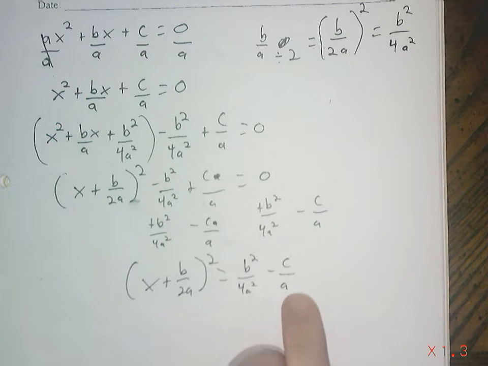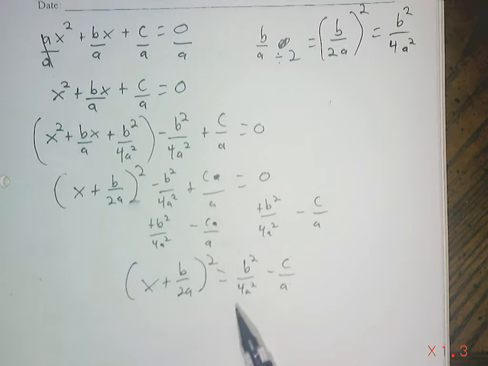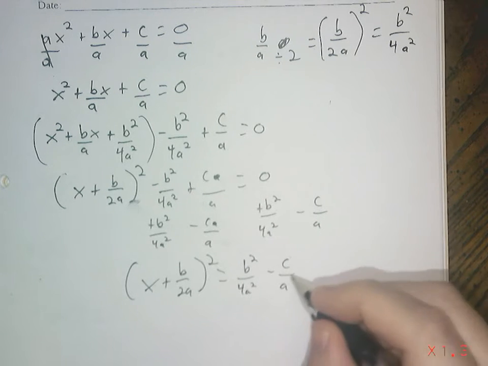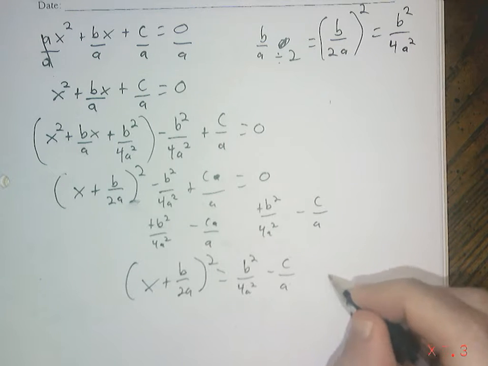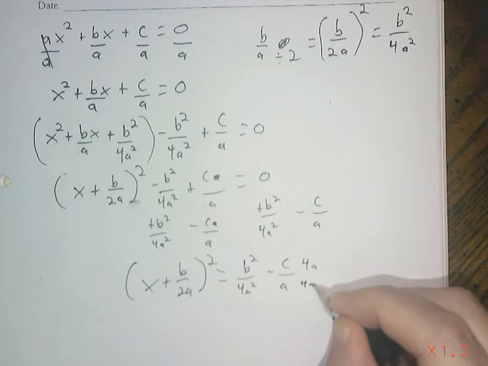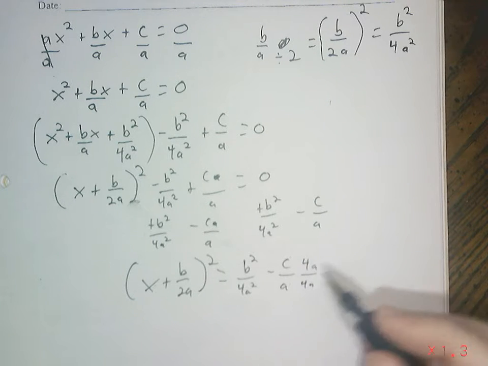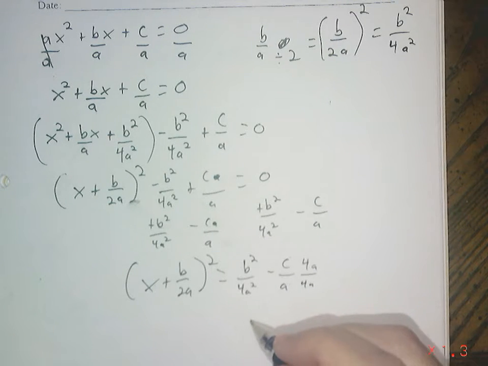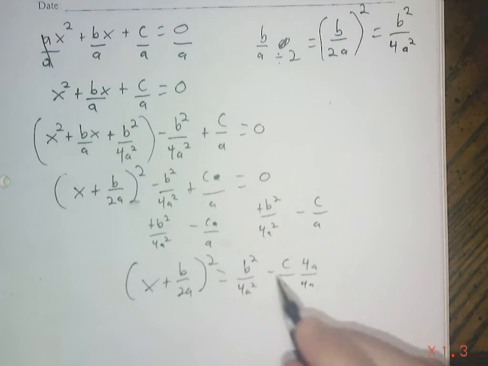So now let's try and get these to the same denominator so that we can combine them. In order to get these to the same denominator, this is 4a squared, this is just a, right? So that means I have to multiply the top and bottom by 4 as well as an a in order to get that to 4a squared. So on this term, I'm going to multiply by 4a to both the top and the bottom, right? Which is going to give me 4a times c.